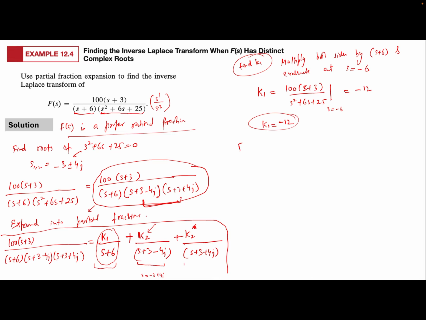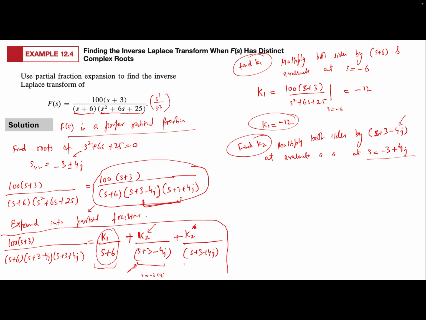Okay, now let's find k2. In order to find k2, I'm going to again multiply both sides by s plus 3 minus 4j, and evaluate both sides at s equals minus 3 plus 4j. Once I do that, on the right hand side, once I multiply everything by this, I'm just left with k2.